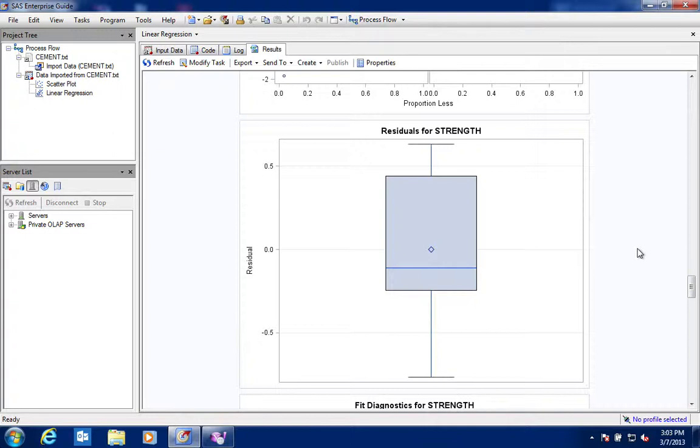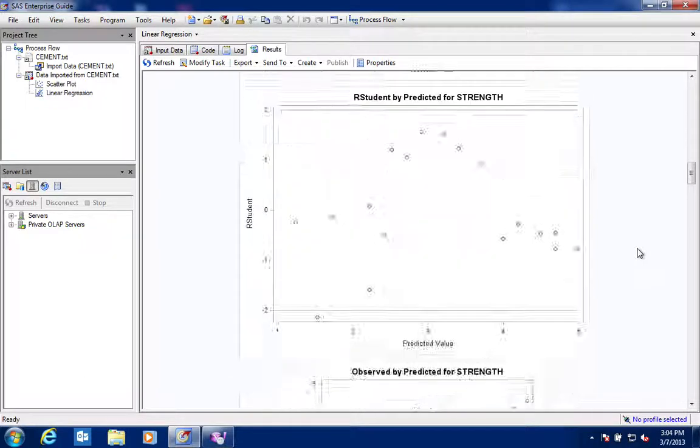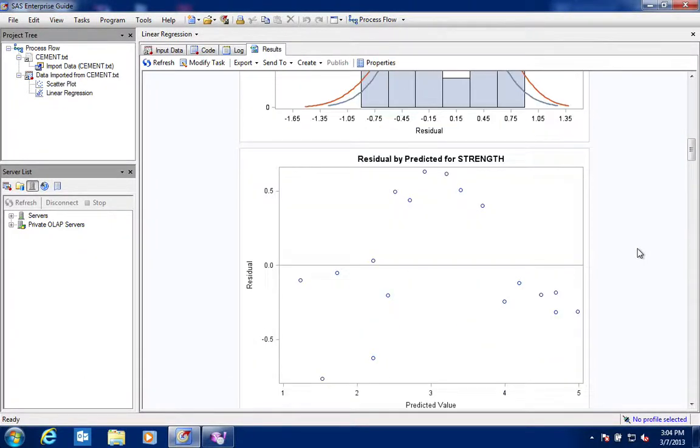What else do I need? Constancy of variance comes from residual versus predicted value. So, this is again violated because we have negative, positive, and negative, right? So, there is a trend. Okay, so constancy of variance is again violated.